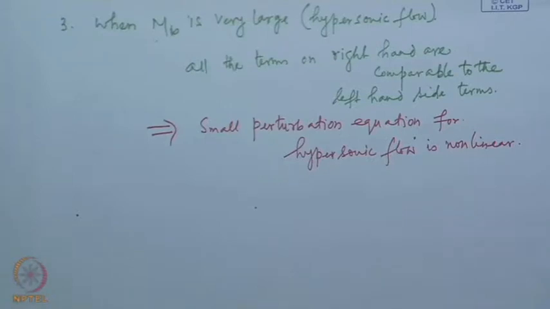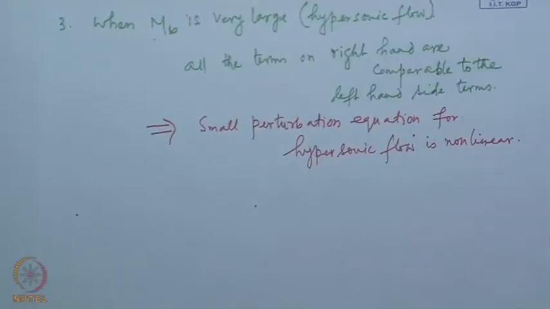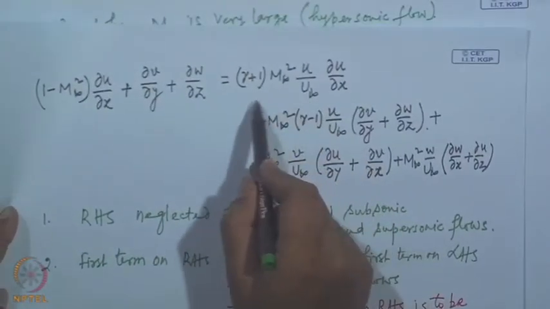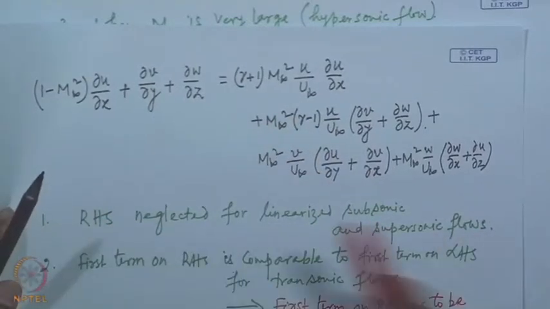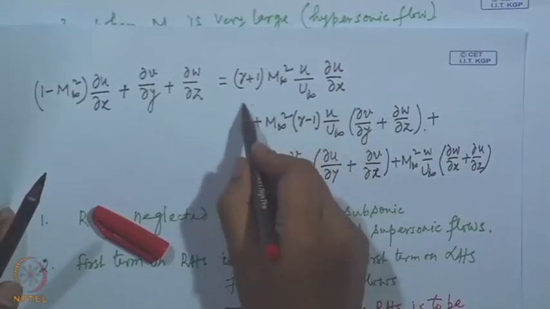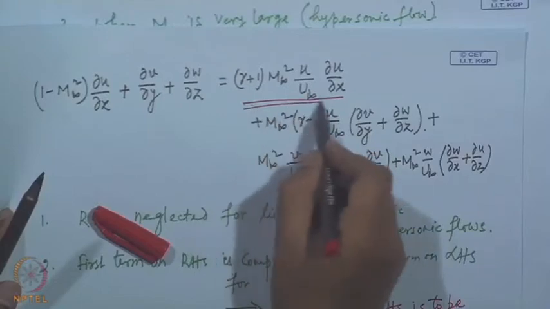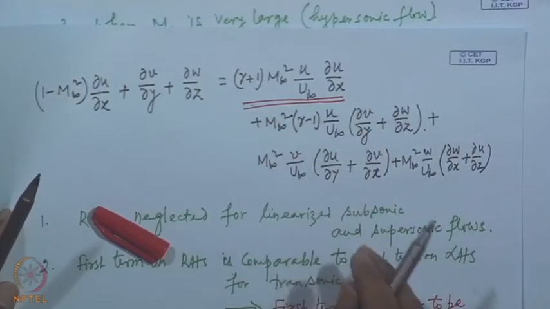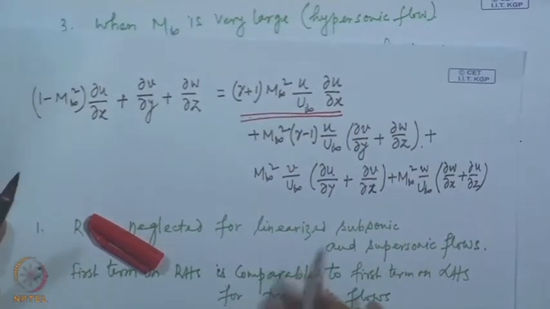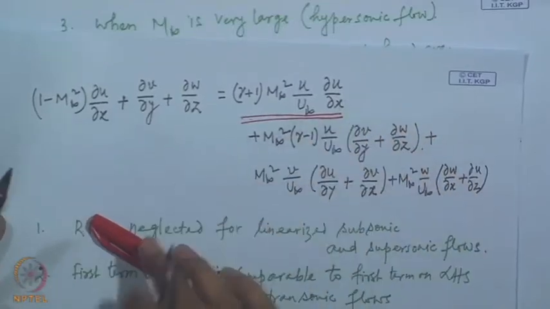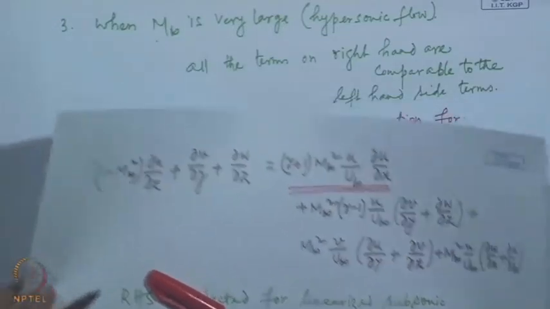However, the sources of nonlinearity are different. We can see from this equation that for the transonic flow, the nonlinearity comes from this term only. This is the term responsible for nonlinearity in transonic flow.